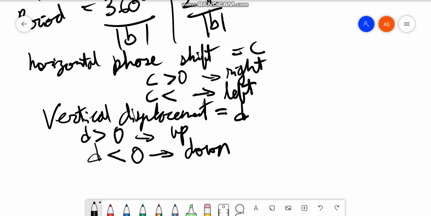And to calculate d, you need to take the average of the maximum value and the minimum value.